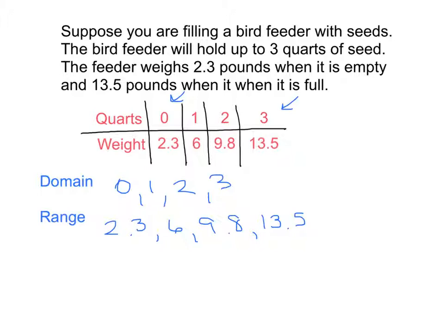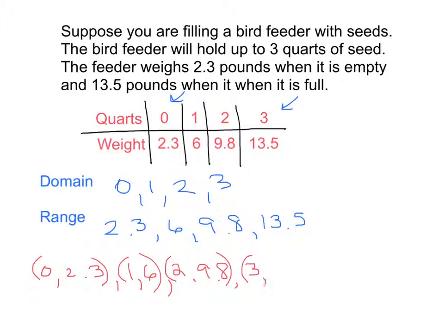So if I want to write out my coordinates, we have 0, 2.3, 1, 6, 2, 9.8, and 3, 13.5. So from here, now I can create my graph.